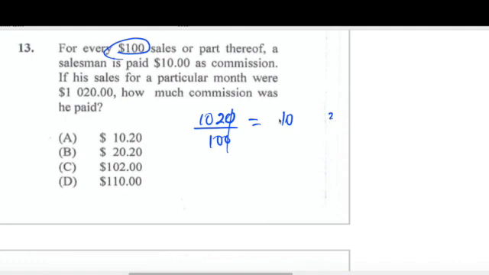So this is 10 times that he made a $100 sale, and then "or part thereof," so 11 commission payments he's making. So therefore the answer will be 11 by 10, which is $110.